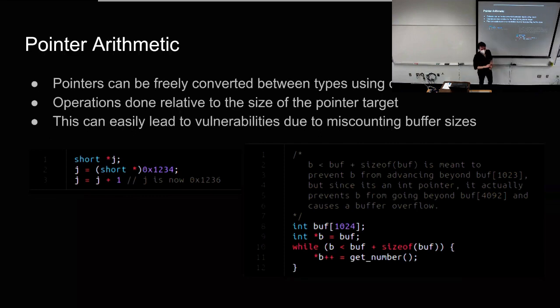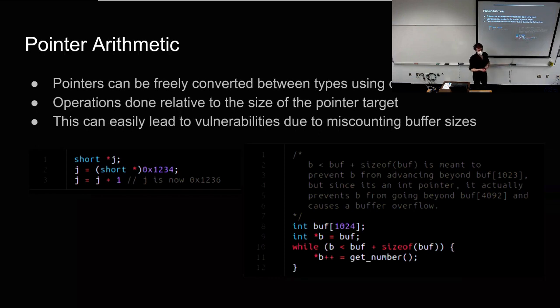Any questions on that? Yes? Yeah, but this program actually works properly. This? No, on the right. No. This leads to buffer overflow. But inside the while, it's B++, and B is also an integer pointer. B++ is going to add 4 to it, because the pointer size is an integer pointer, so this plus plus is going to add 4 to B on every plus plus.